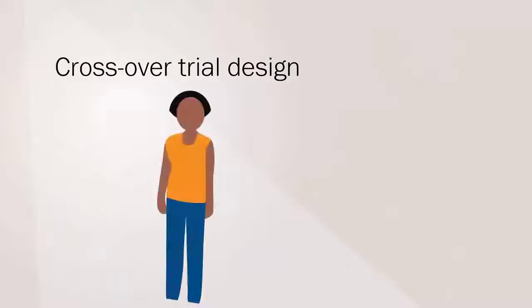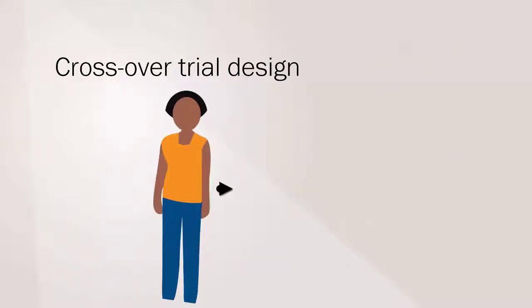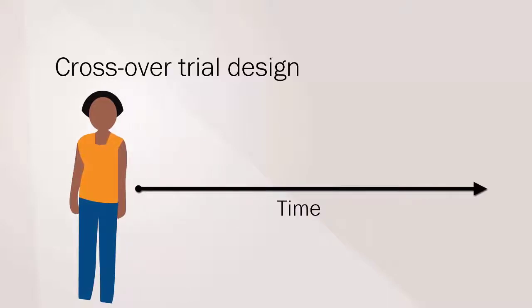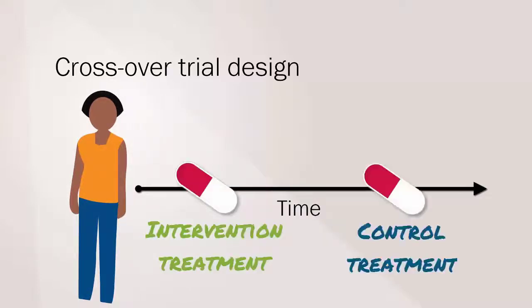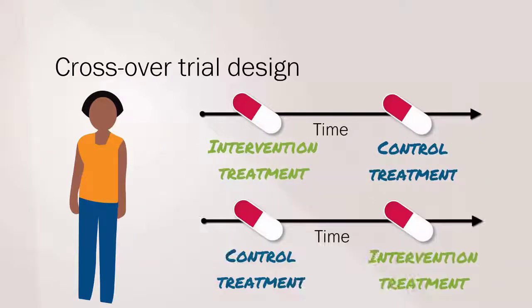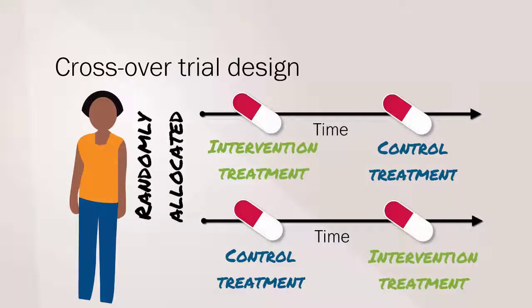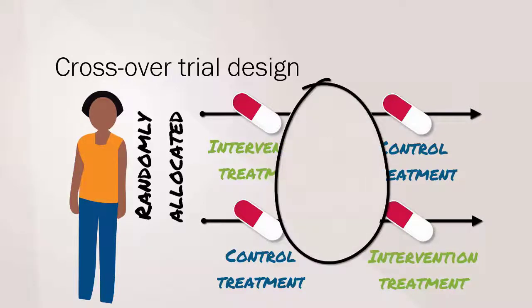In the crossover trial design, instead of having an intervention group and a control group, participants act as their own control by receiving both the intervention and control treatments. Participants receive a sequence of treatments, one of which will be the standard treatment. The order in which each individual receives each of the treatments is randomly allocated. There's a brief interval called a washout period for each participant between each treatment. This gets rid of the residual effect of the drug.